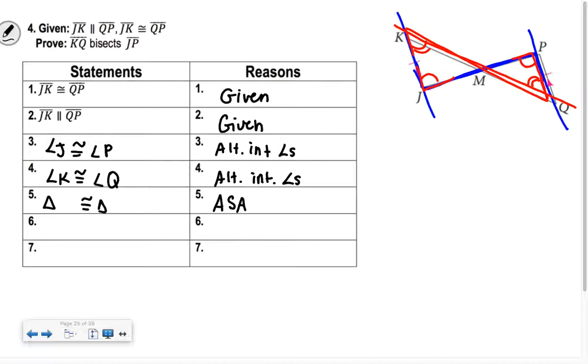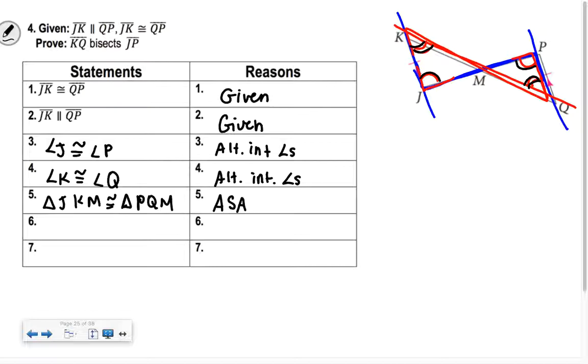So I have triangle, what's my first triangle? Triangle JKM is congruent to, so I went 1 mark, 2 marks, no marks, so I want to go 1 mark, 2 marks, no marks. So I want to say PQM. And that was by angle, side, angle.